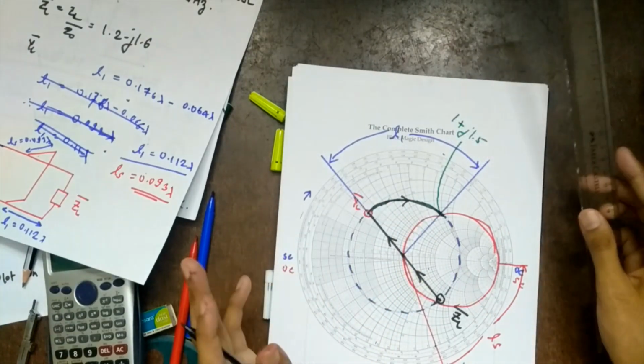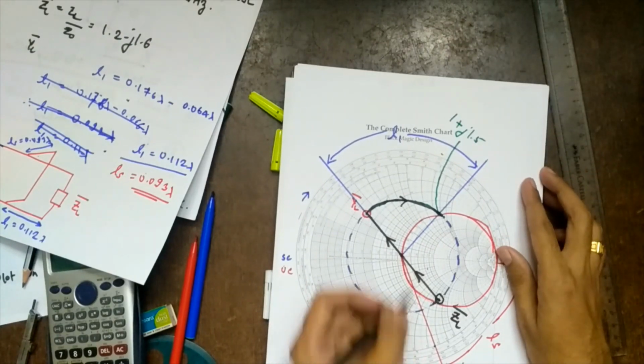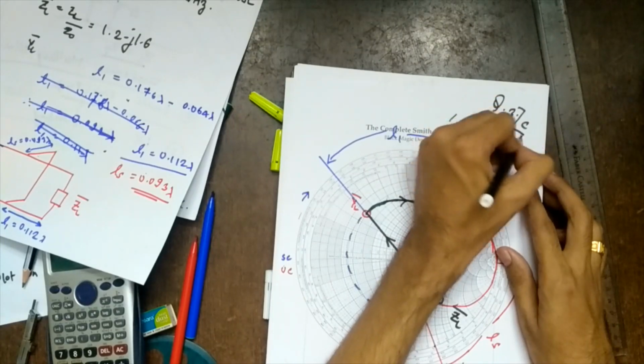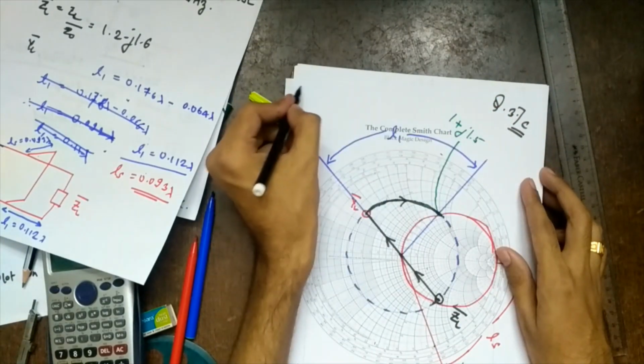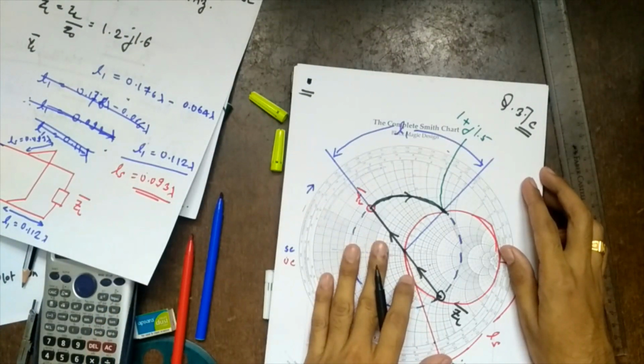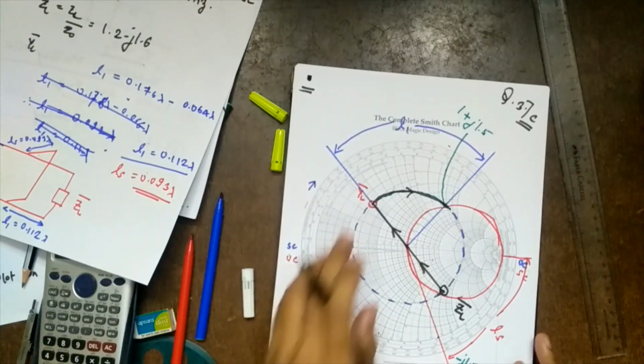This much you have to show with pen. Always write the question number here. Let's say this is question number 3C. Write it on the right, because here you will be connecting the thread. So make sure you practice. As I told, this is taken from the book Pozar, page number 236 for the 4th edition. Thank you.